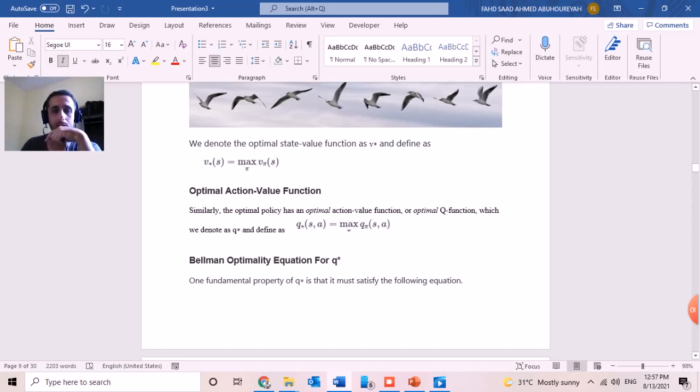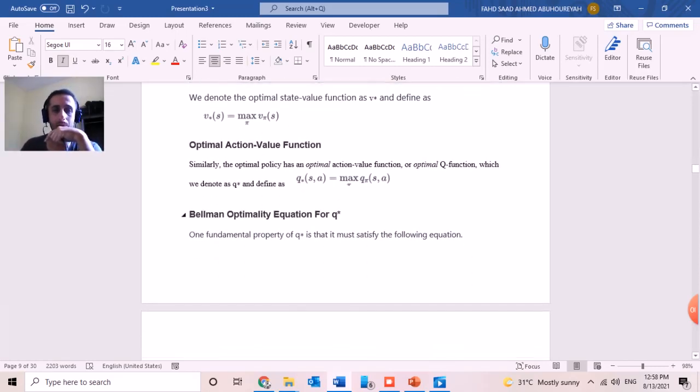This optimal Q function means the best state and action to generate better rewards. So instead of just having the best state, it has the best state and the best action to generate better results. That will be clearer, I think, in the very coming example, hopefully.